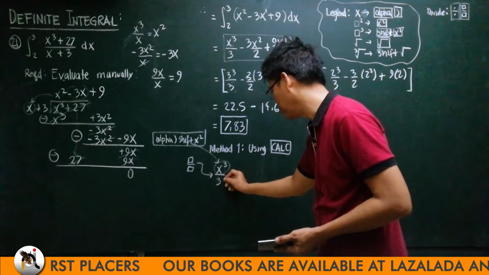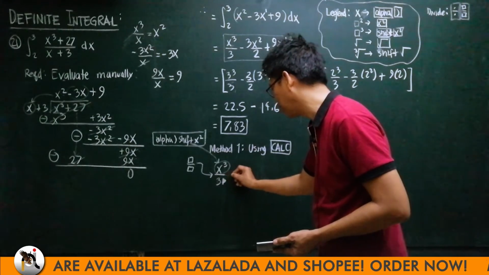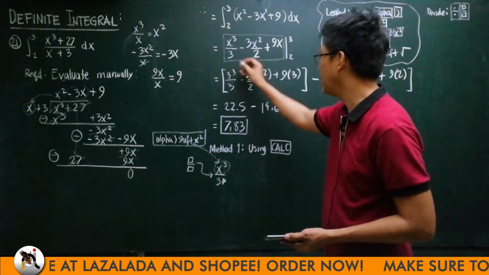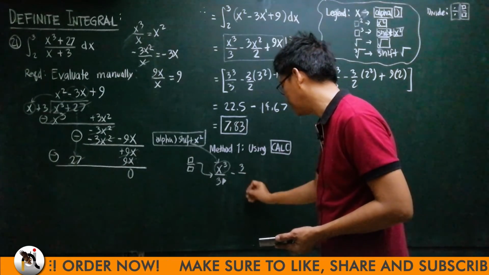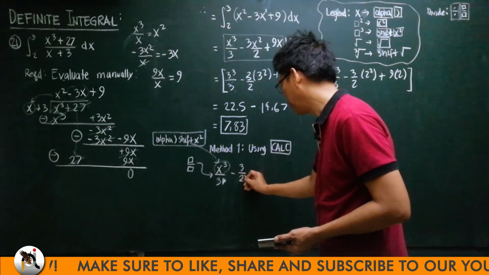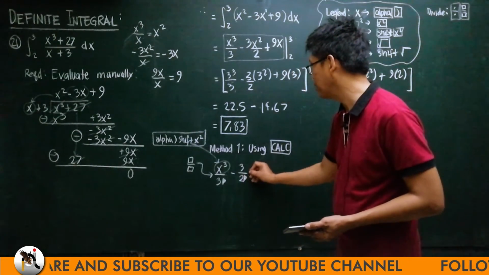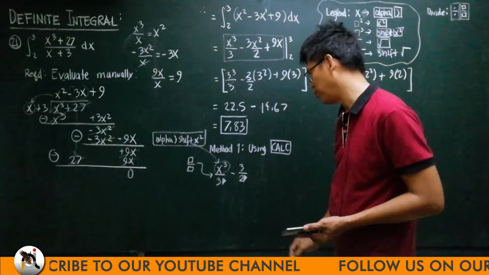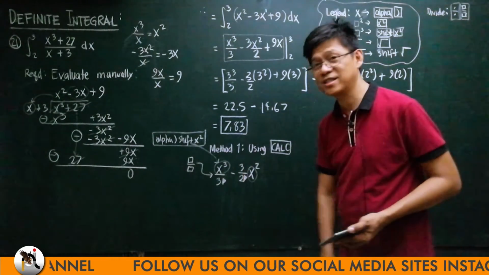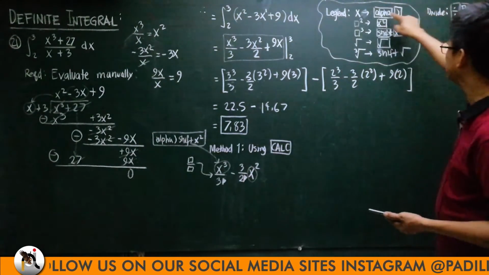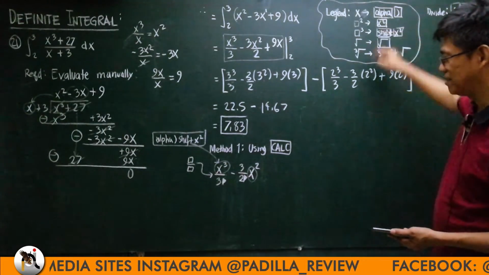Be sure to press the right arrow key so that your cursor will return here. So minus 3 halves, it's 3 fraction 2. Press the right arrow key so that your cursor will move here. Then x squared: alpha close parenthesis, then the squared key.